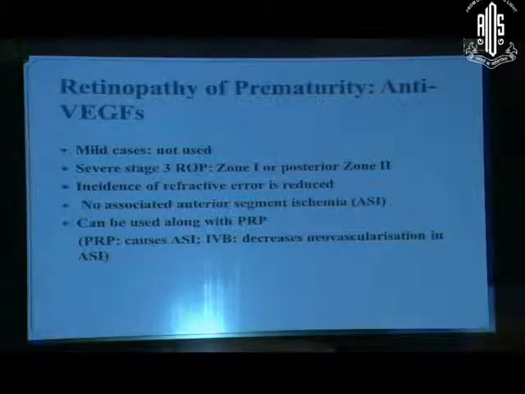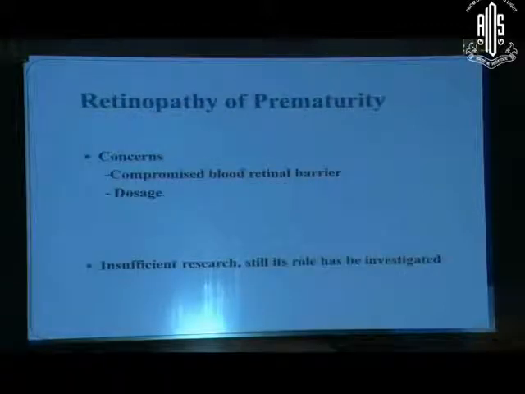There is no associated anterior segment ischemia, and this kind of therapy can be used along with the PRP. PRP has been said to cause anterior segment ischemia, whereas intravitreal bevacizumab may decrease the neovascularization and may help out in such cases.